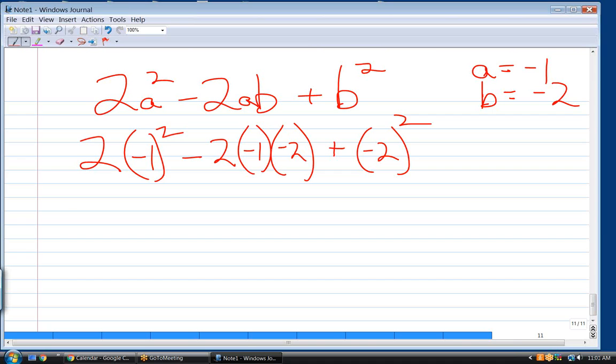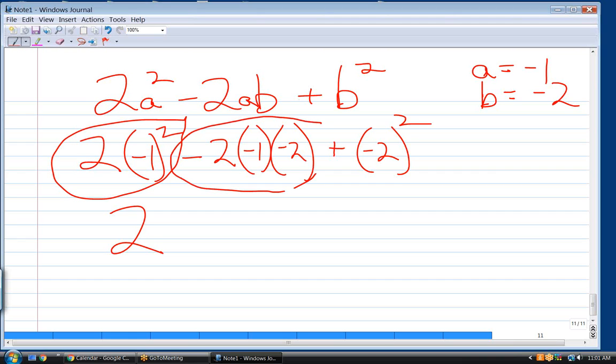First thing to do, get rid of the parentheses. What does this become when I get rid of the parentheses? 3. No? Do the parentheses first. What's -1 squared? +1. What's +1 times 2? 2. That's what that is. Now, let's get rid of those parentheses.